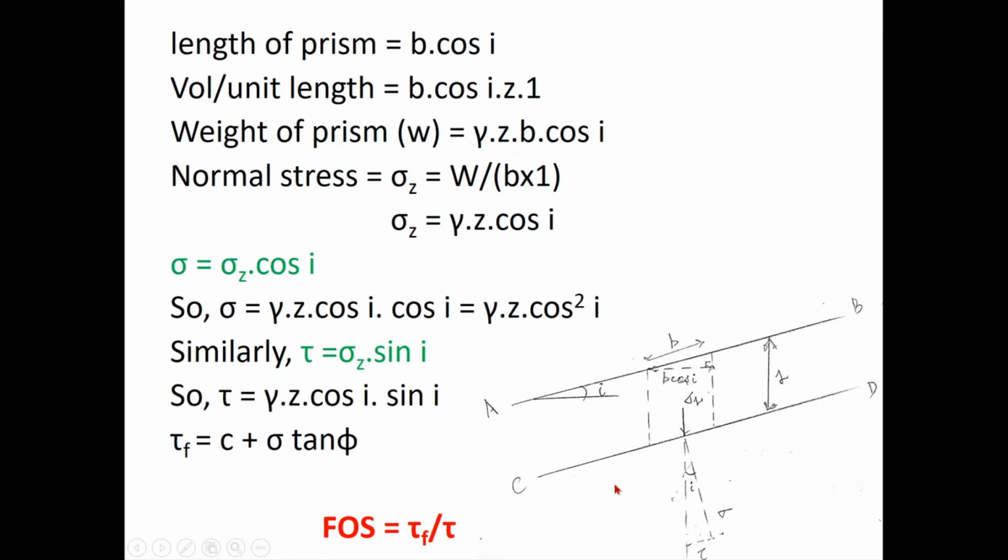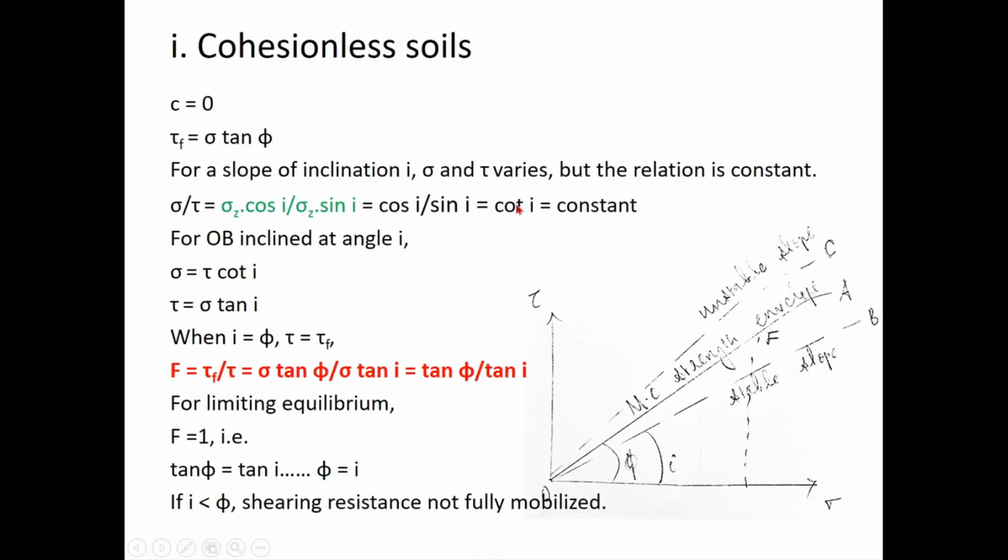So today we will see separately the factor of safety equations for cohesionless soils, C-phi soils, and C soils, purely cohesive soils. Right. So if you look at the strength envelope, the Mohr-Coulomb strength envelope, this is our tau-sigma space.